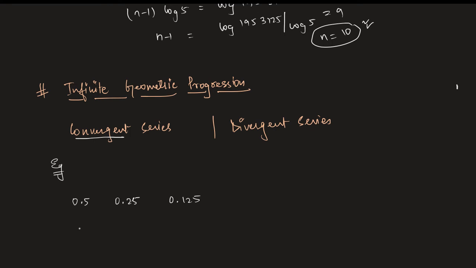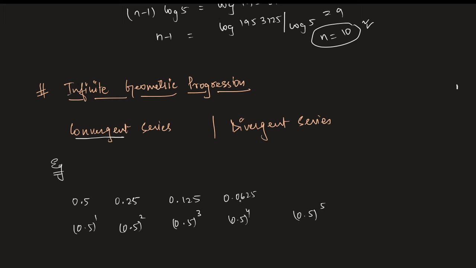This can be written as 0.5 to the power 1, 0.5 to the power 2, 0.5 to the power 3, and similarly 0.5 to the power 4, 0.5 to the power 5. 0.5 to the power 4 would be 0.0625.